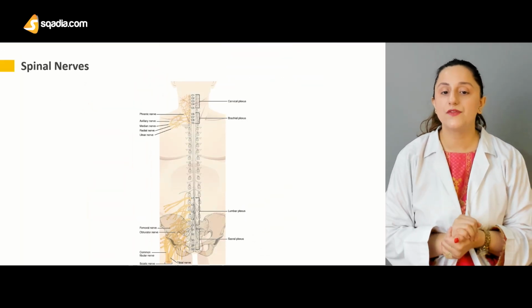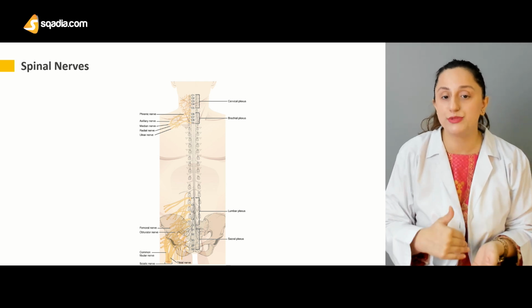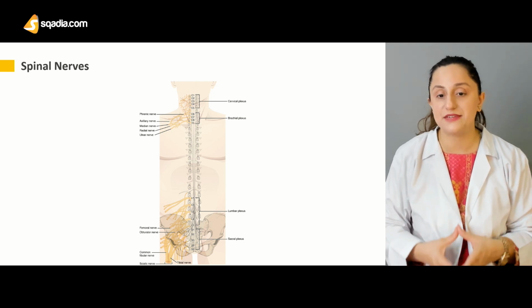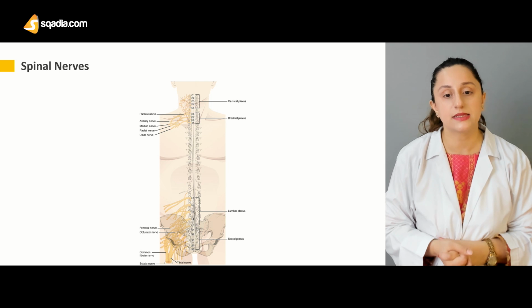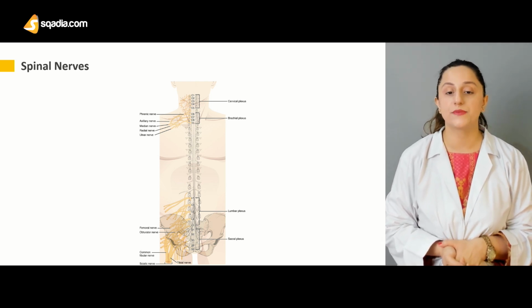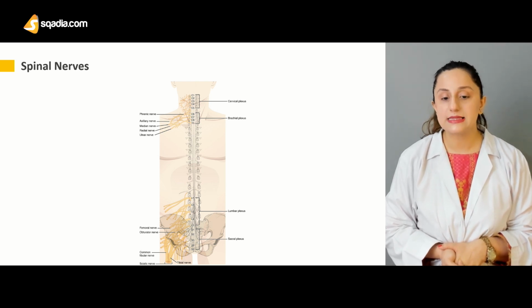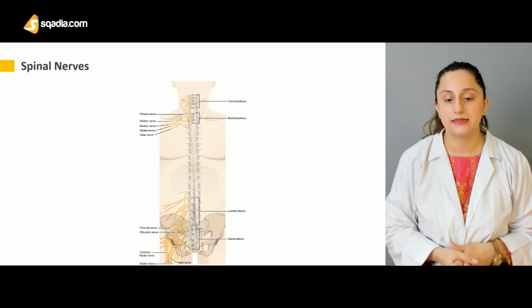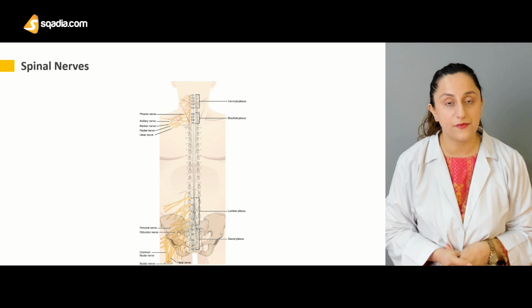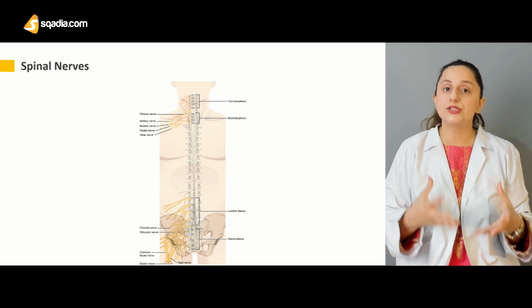Now, mainly we have the cervical plexus, which is formed by contributions from the cervical segments of the spinal cord, namely the C1 to C5 segments. Then we have the brachial plexus, where the contribution is mainly from C6, C7, C8, and T1. The lumbar plexus is contributed by the segments from L1 to L5, and the sacral plexus is contributed by the segments from S1 to S5.